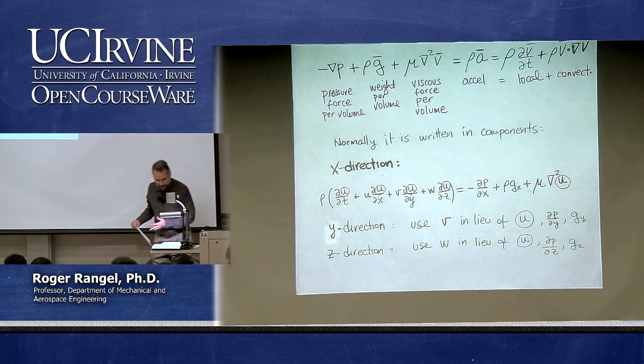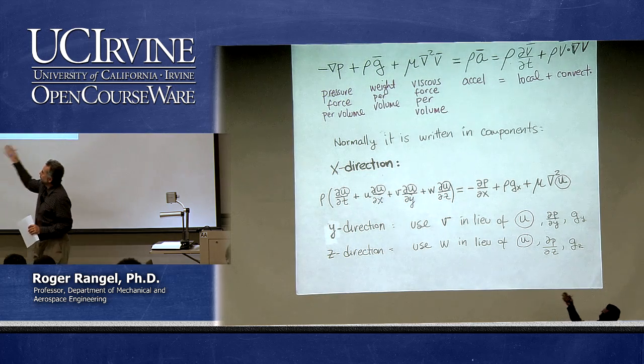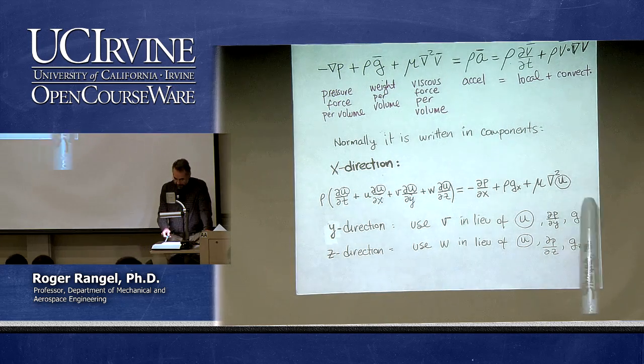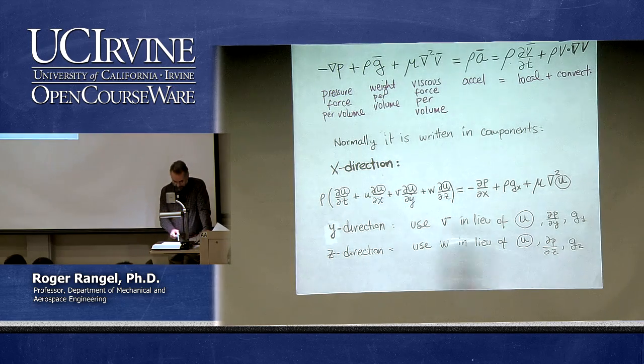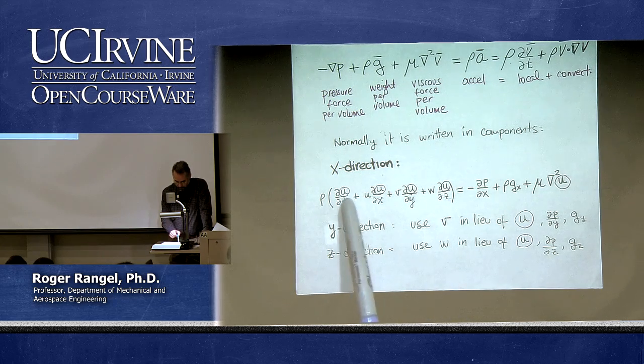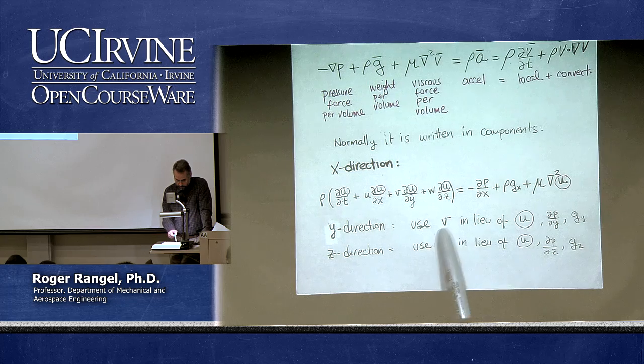And I would also have to write an equation for the other 2 directions, the y direction and the z direction. But that's easy, because once you have the equation in the x direction, you just replace the circled u's in this equation with lowercase v for the component of velocity in the y direction.